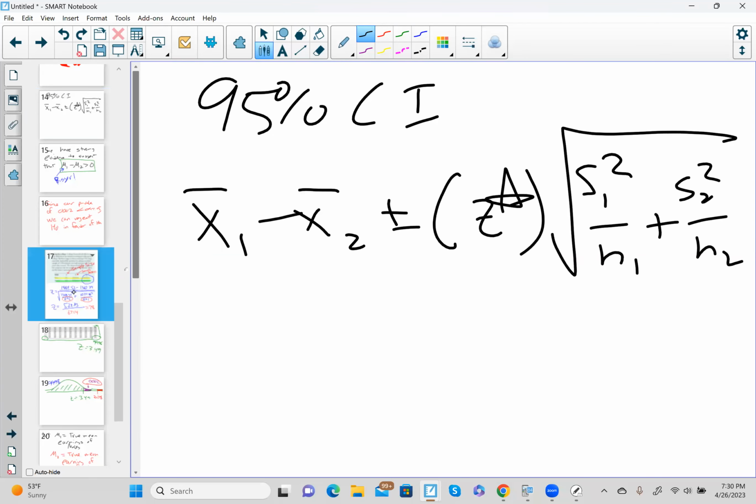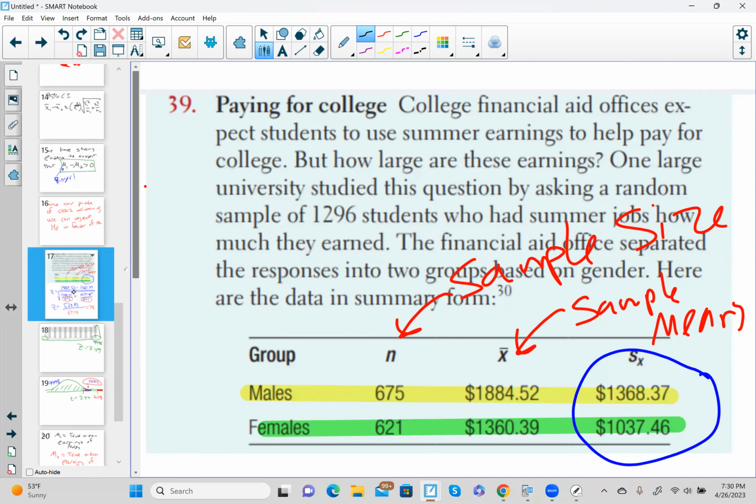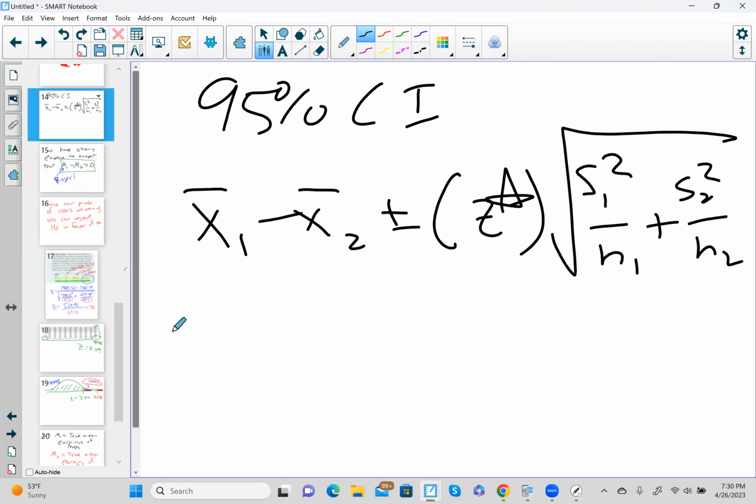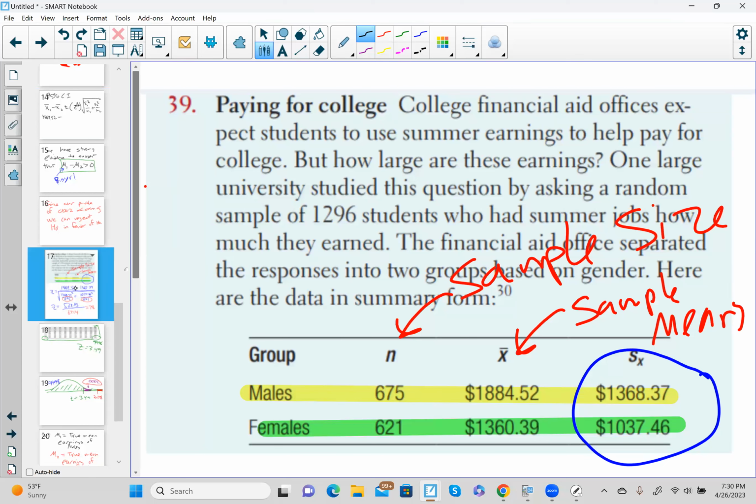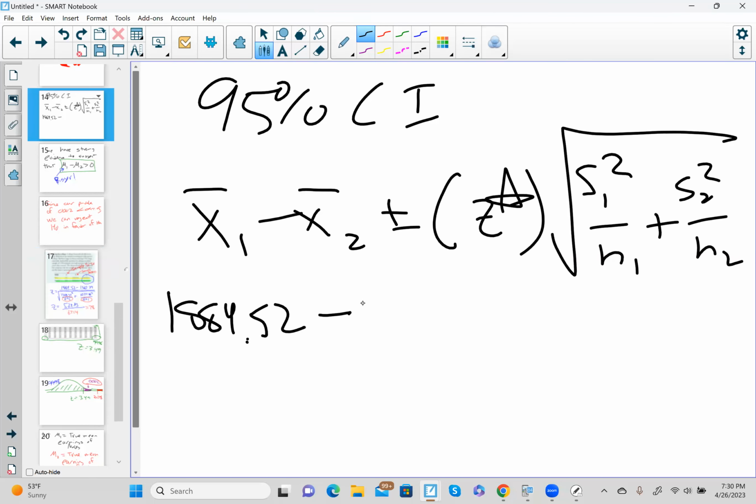So X bar 1, 1884.52. So this is going to be 1884.52 minus X bar 2, 1360.39, plus or minus Z star. Now we already looked that up before.